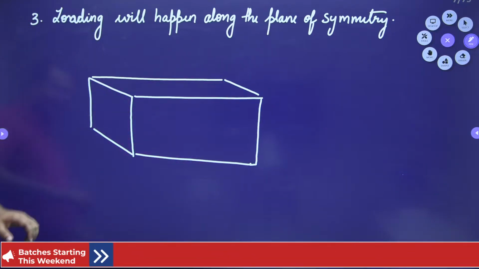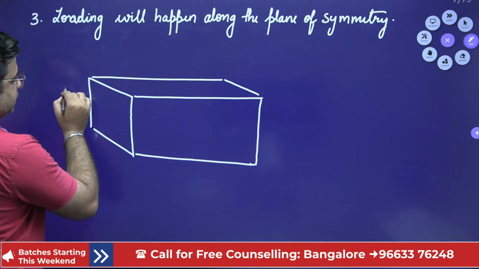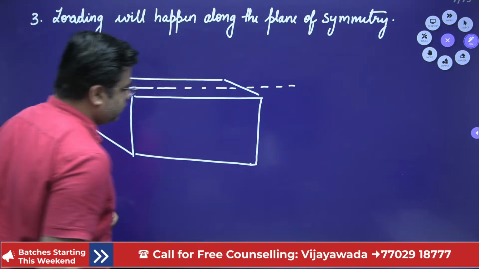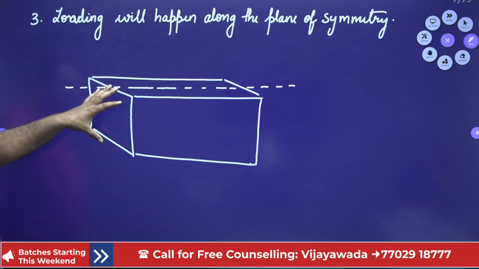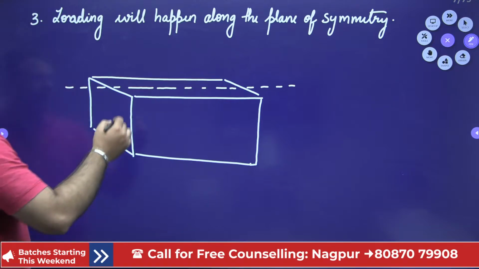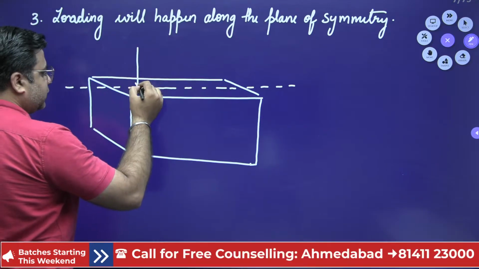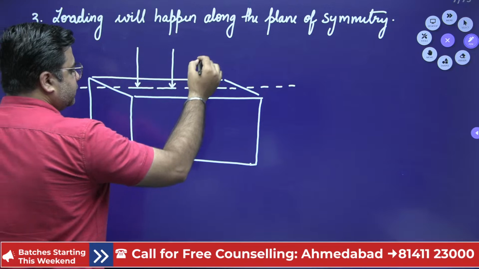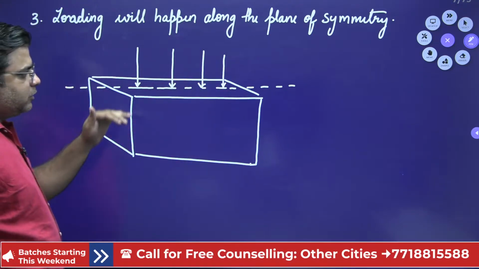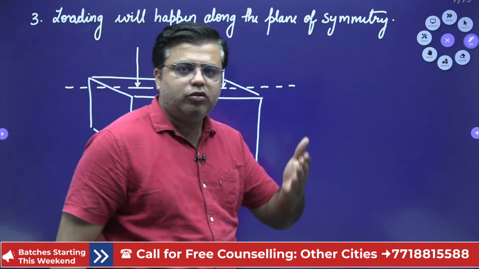For this material, this is the line, this is the center line, which is equally dividing this material into two equal halves. When the load is applied over this line, like this, right, this load will have a tendency to bend the beam.